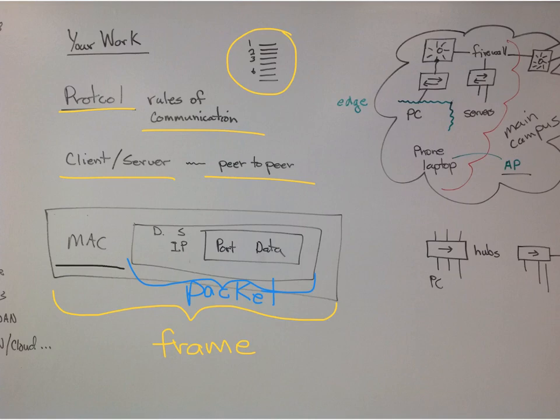In the front we have the MAC address, the physical address, destination and source. And inside there we have IP addressing, destination and source. We have port, and then stored somewhere in there is the data. This is what's being sent, and the rest of that is packaging to get it where it's supposed to go.